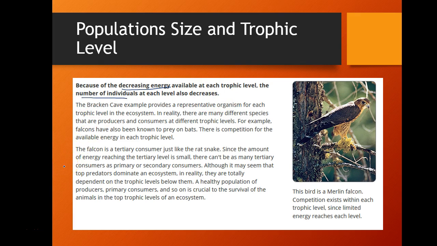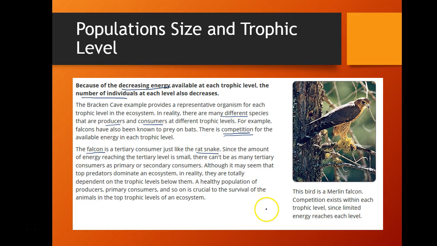Okay, so obviously there are many different species that are producers and consumers. There's not just one type at every single trophic level. Because we have different organisms in the same trophic level, there is some level of competition for food at every single trophic level. For example, the falcon is a tertiary consumer just like the rat snake.